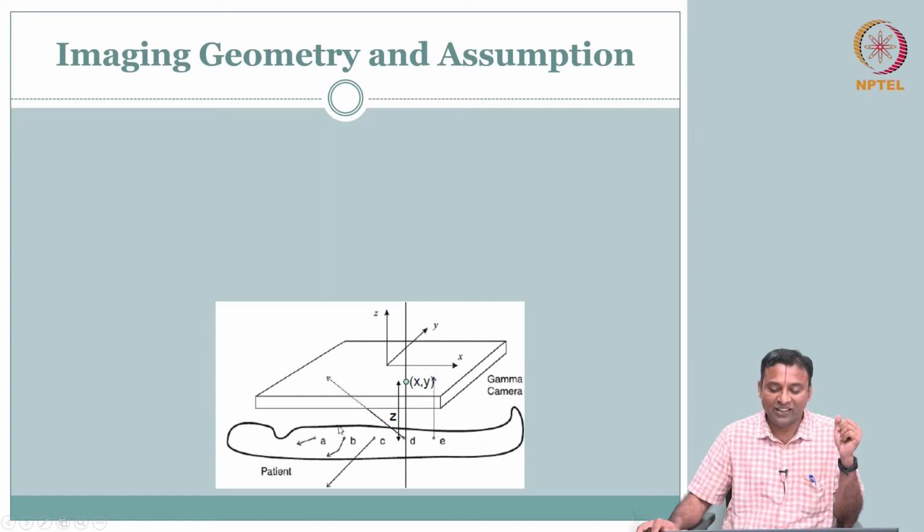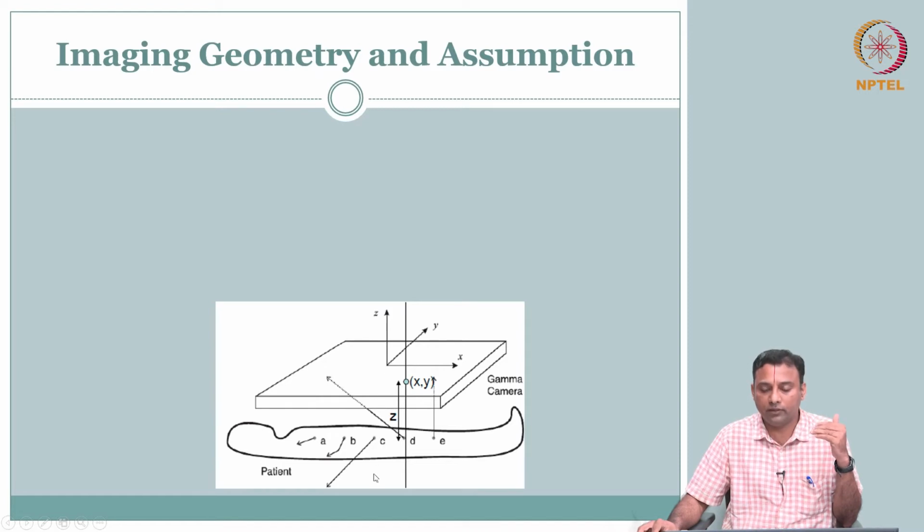So this is your source and this is your detector. So we will use the same x and y for in plane and z dimension to relate to the depth, or the source detector distance.